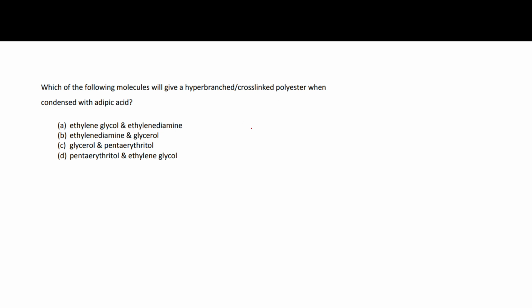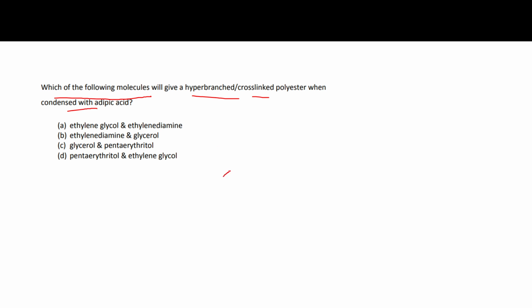Now the next question is: which of the following molecules give a hyperbranched and cross-linked polyester when condensed with adipic acid? Adipic acid, as we already know, has two functional groups.